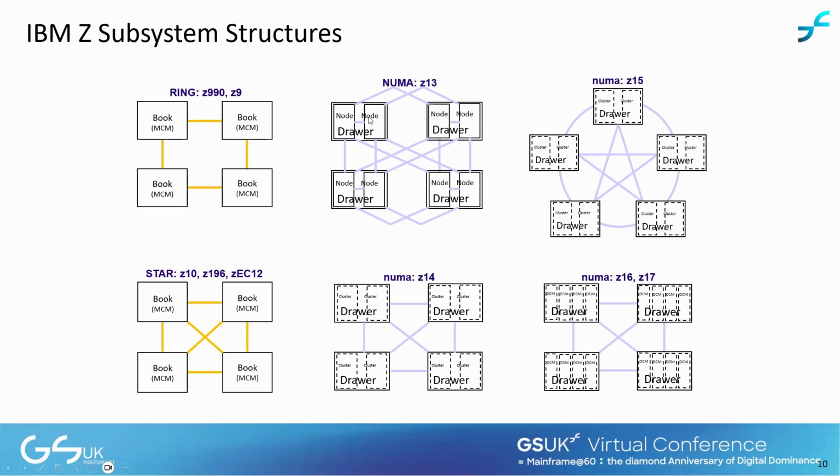You can hit in the opposite node on the same drawer, and that has a latency that's worse than your local. Or you can hit on the same side node on another drawer, which has a different latency still. And then you can also hit on the opposite side node on another drawer. So now you got 4 different latencies, starting with Z13 on these slower interconnected buses.